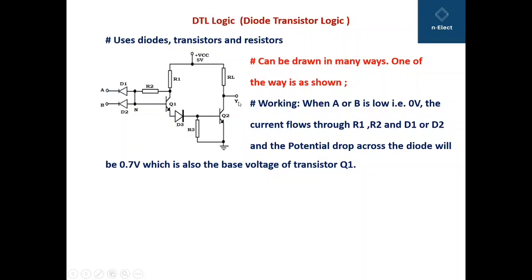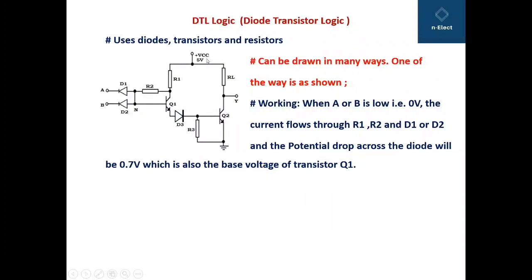So the first condition is when A equal to 0 or B is equal to 0, means one of the inputs is 0 and naturally the other input is high, the current will start flowing from VCC and it will flow through R1, then R2 and either through D1 or through D2, depending on whether A is connected to 0 or B is connected to 0. This A and B connected to 0 means they are connected to ground.